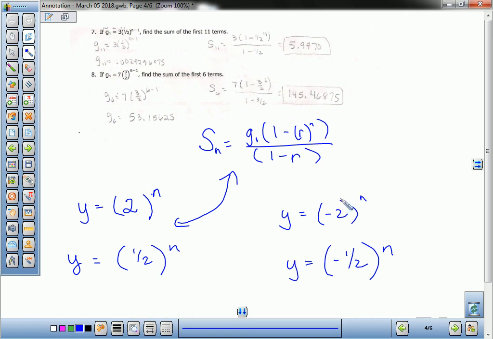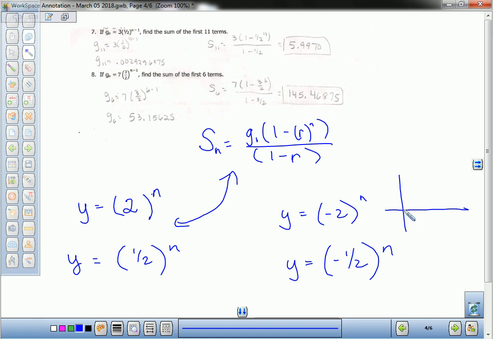This one, interesting. Negative number to a power. If we do that to an even number, it becomes positive, right? But if it's raised to an odd number, it becomes negative. Weird. Let's just plot some points and think about what that graph does.